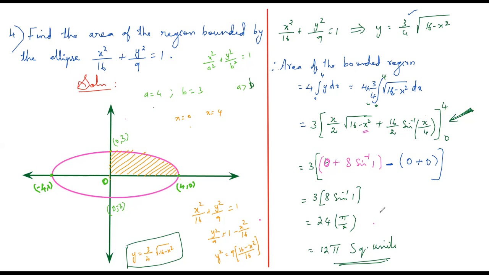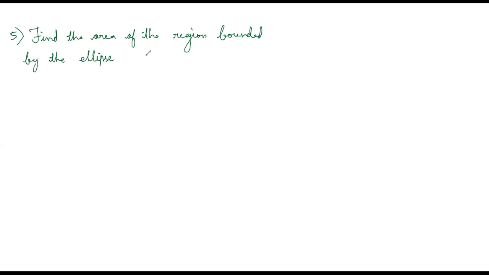Find the area of the region bounded by the ellipse x squared by 4 plus y squared by 9 is equal to 1.